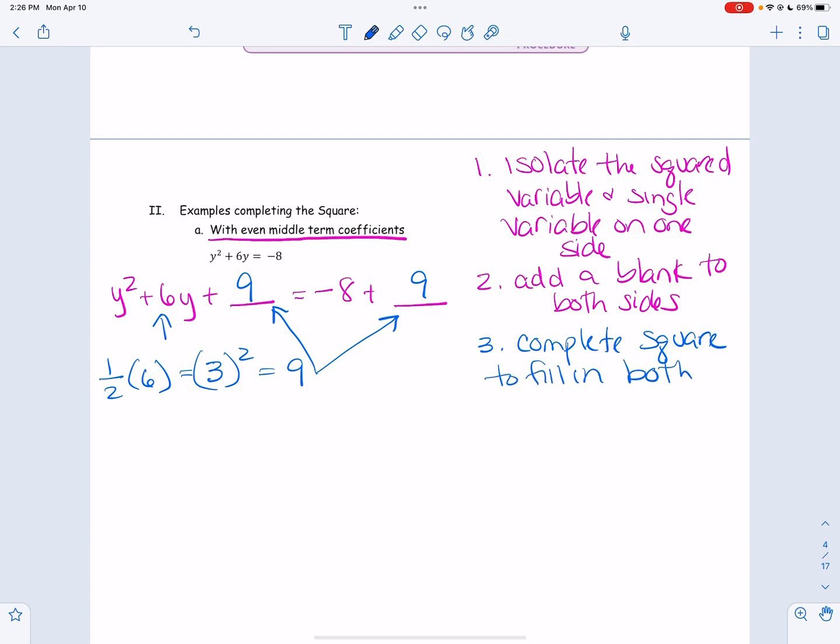Now, step 4, you're going to factor the left side and simplify the right side.